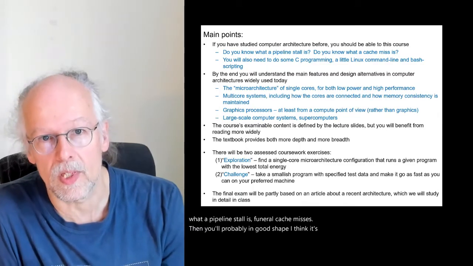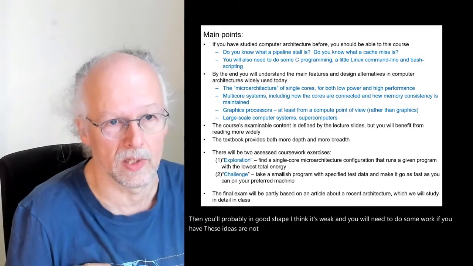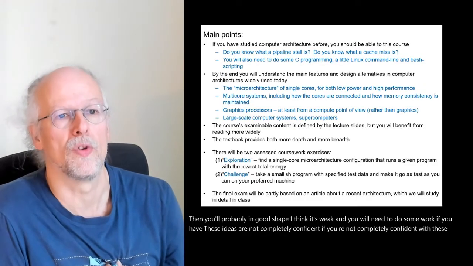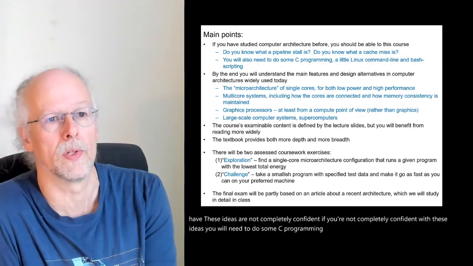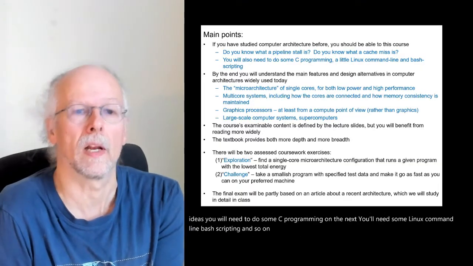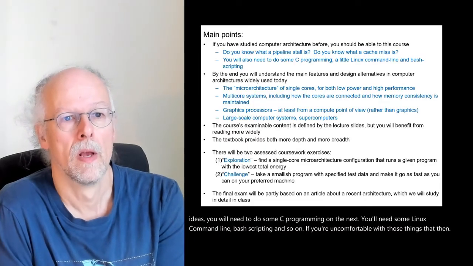You will need to do some C programming on Linux. You'll need some Linux command line and bash scripting and so on. If you're uncomfortable with those things, then you might also think about whether this is the right course for you. But for computing students, certainly, and I think for most electrical engineering students, that should be just fine.